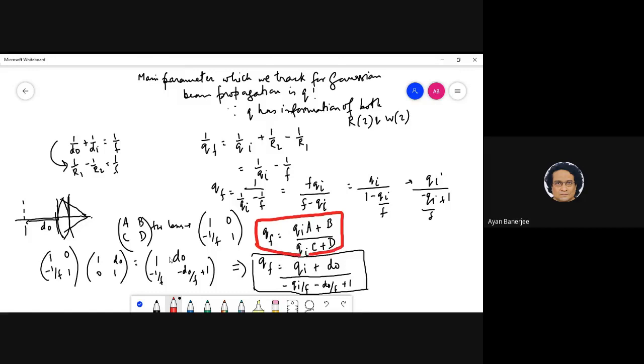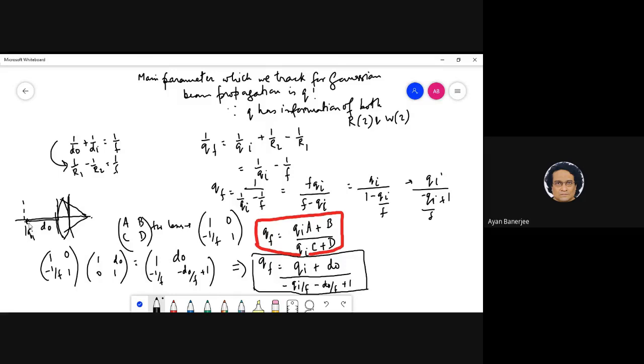So I am saying that an easy way to check this is if you track propagation by a distance of D0, then focusing, which will basically mean that the matrix is like this. So check it in this way: the QI is here at this point.